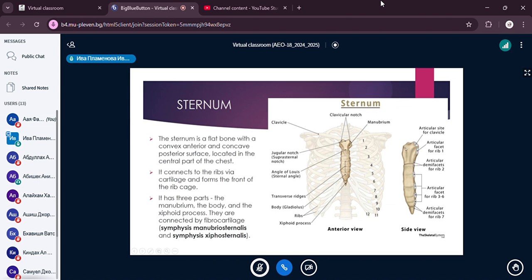So, for the manubrium, you have to remember the jugular notch. On both sides, we have clavicular notch. We have articular facet for the first rib and semi-facet for the second rib.